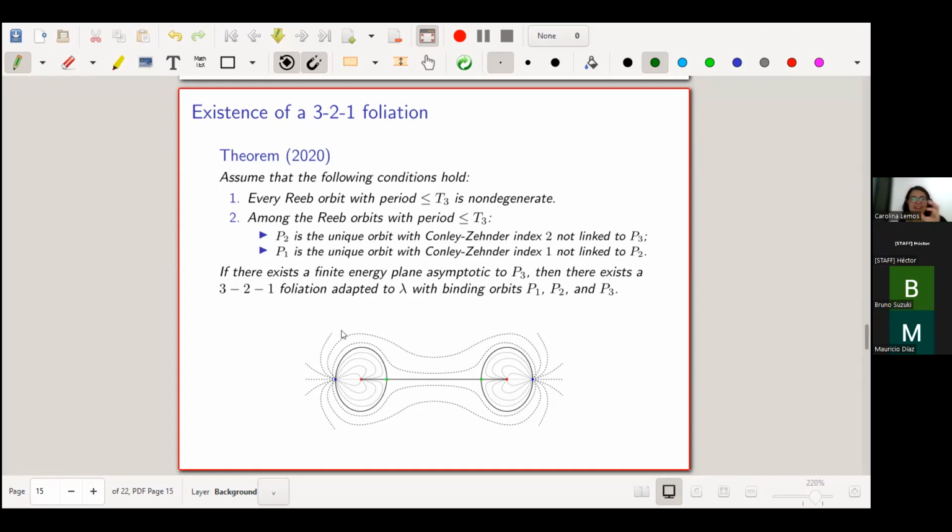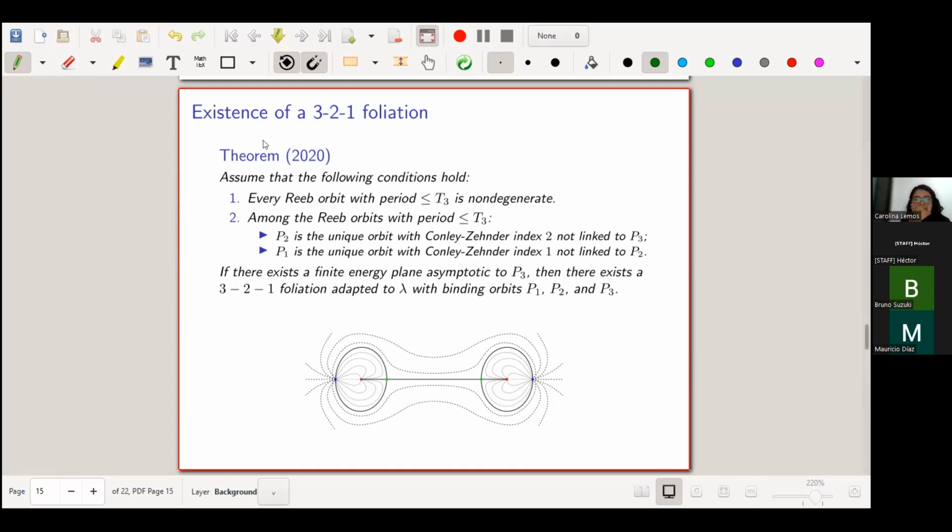the image will be a disk, but the idea is that a pseudo-holomorphic curve with a domain in the complex plane. And if we know that there exists a pseudo-holomorphic plane asymptotic to P3, then there exists a 3-to-1 foliation with these binding orbits.